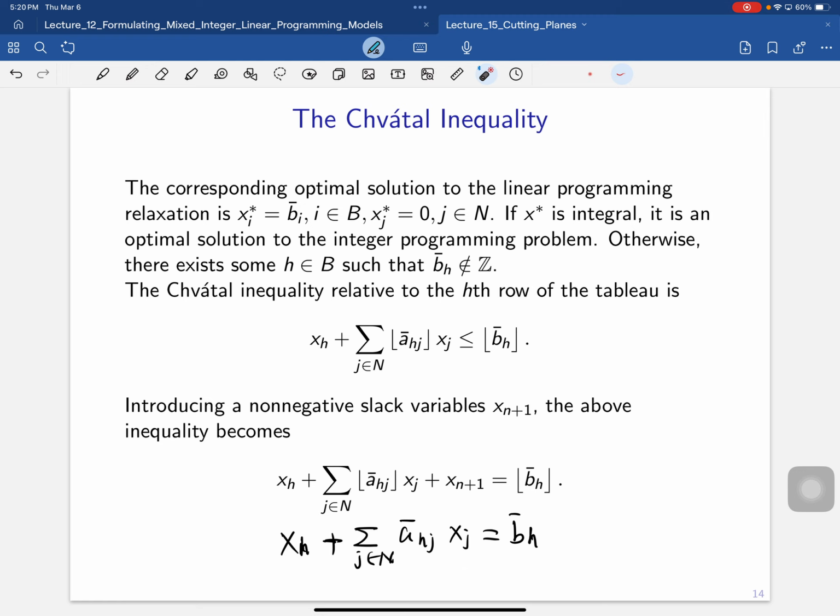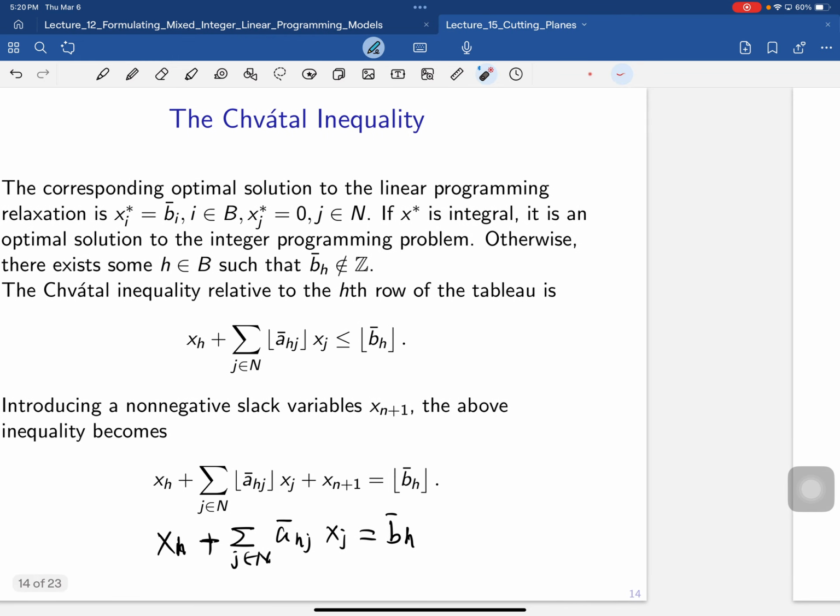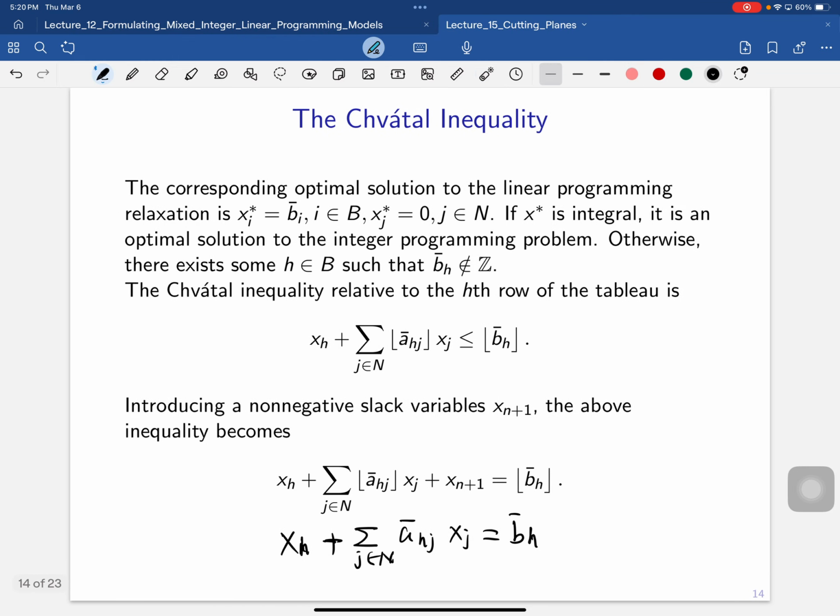What we get is, the xh will cancel out, right? These two things will cancel out.